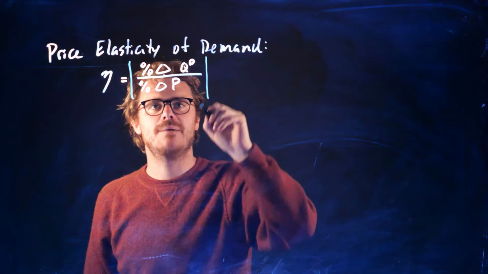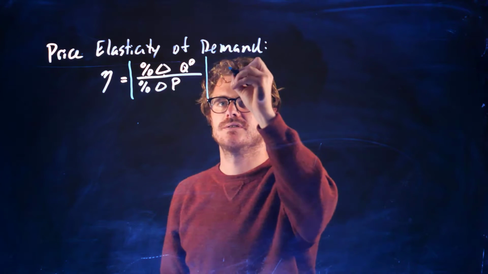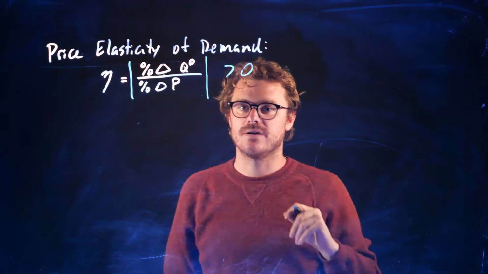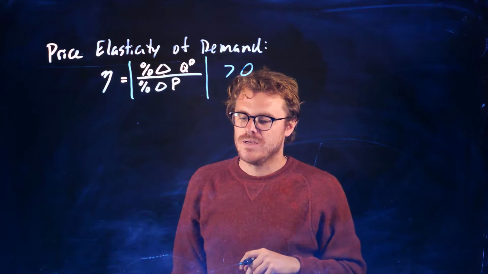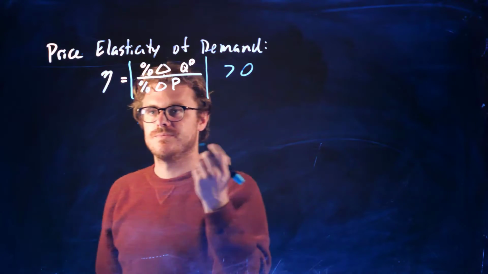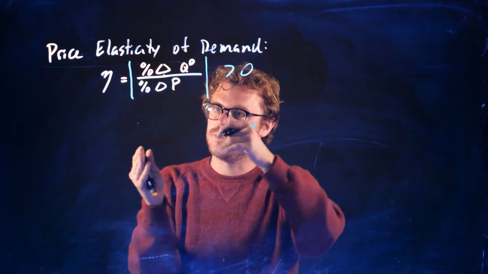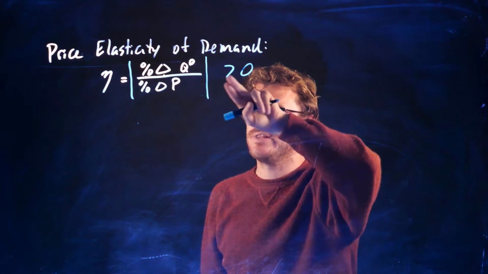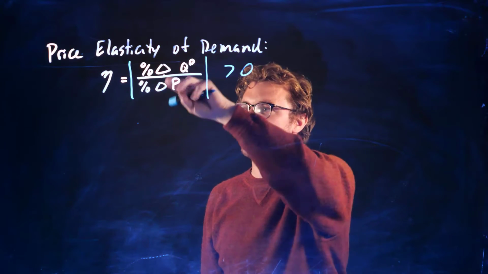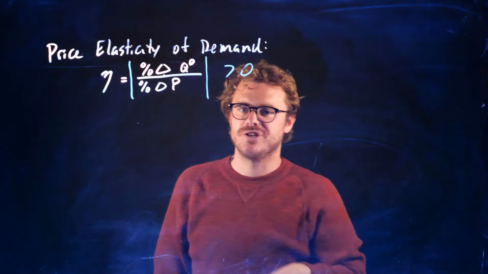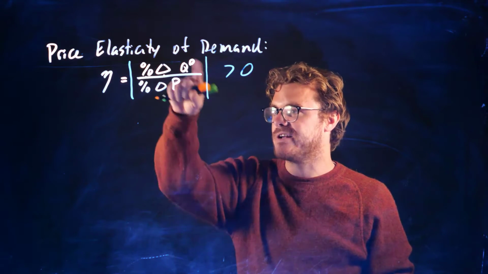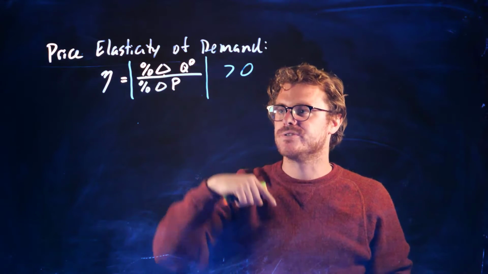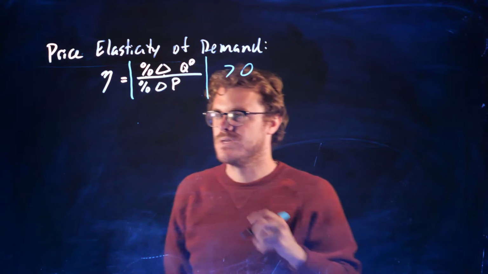So we take the absolute value of this, so it's greater than 0. Like I said, it's usually going to be negative because of this negative relationship, but we take the absolute value after we calculate these percentage changes. After we calculate this fraction, we take the absolute value, so it's greater than 0.